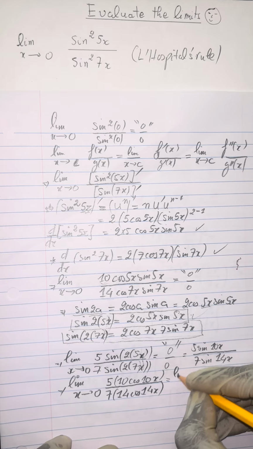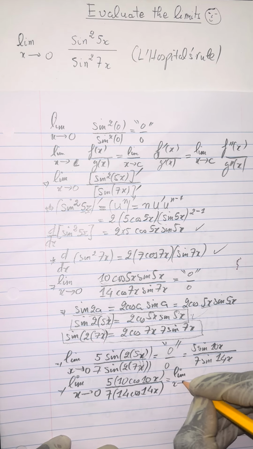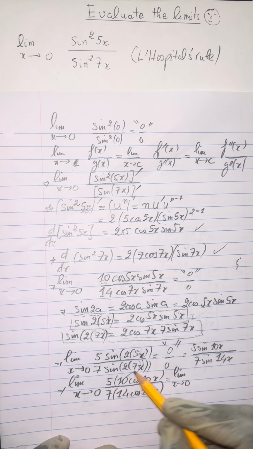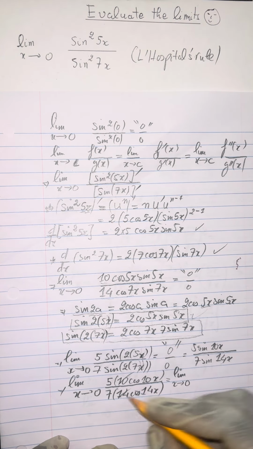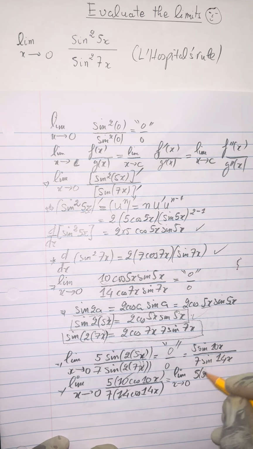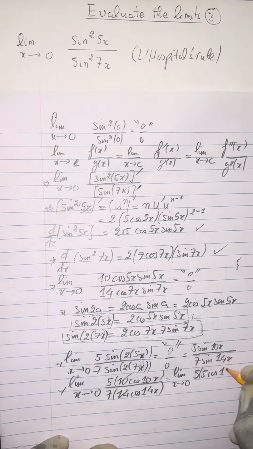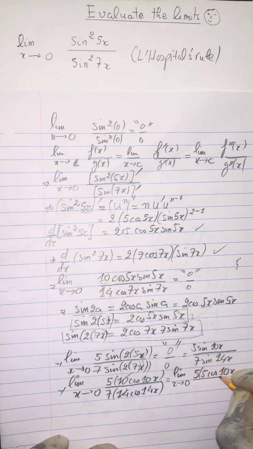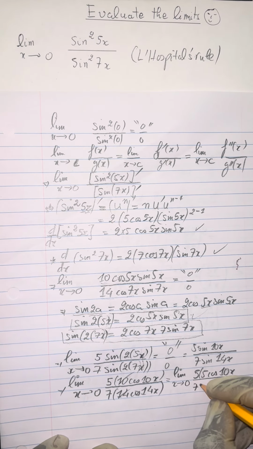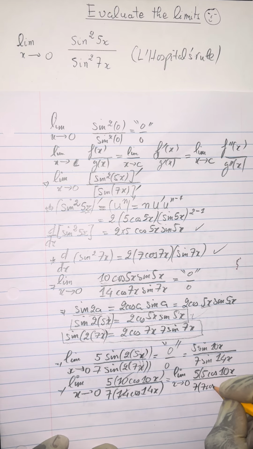Now let's go ahead and simplify. So we have the limit as x approaches 0. We can simplify by 2. 10 and 14 are both divisible by 2, so we can simplify by 2 on the numerator and the denominator, so we're left with 5 times 5 cos of 10x over, if we divide 14 by 2, we're left with another 7, so 7 times 7 cos of 14x.